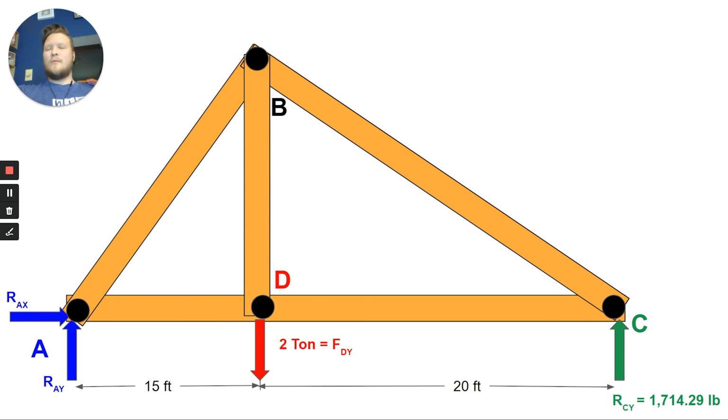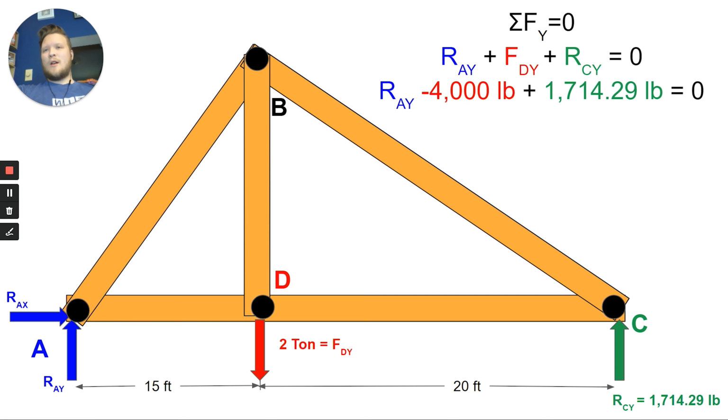Now, we update our free body diagram. We have our force at D in the y direction. We have RCY. Now let's solve for RAY. Let's solve for that vector using the sum of the forces in the y direction has to equal 0. So RAY plus FDY plus RCY has to equal 0.